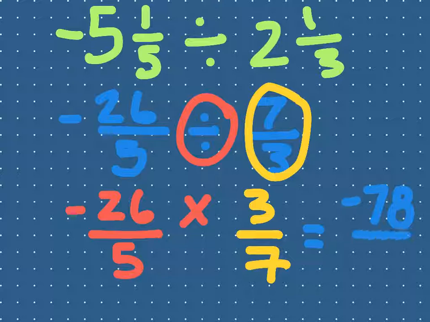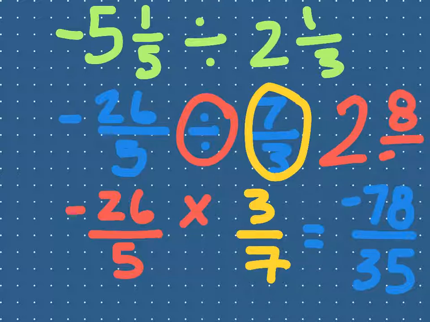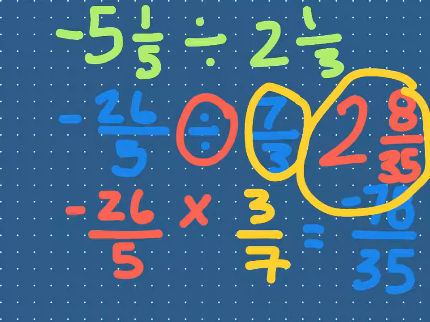Then 5 times 7 is 35. So our answer is -78/35. Turning it back into a mixed number, 35 goes into 78 two times with 8 left over, and you put it over 35. So -2 and 8/35 is our answer.